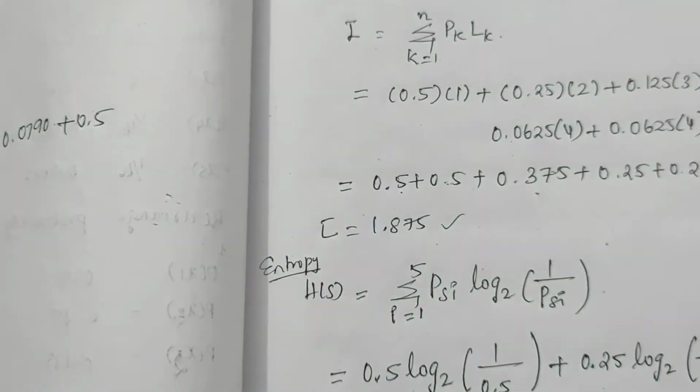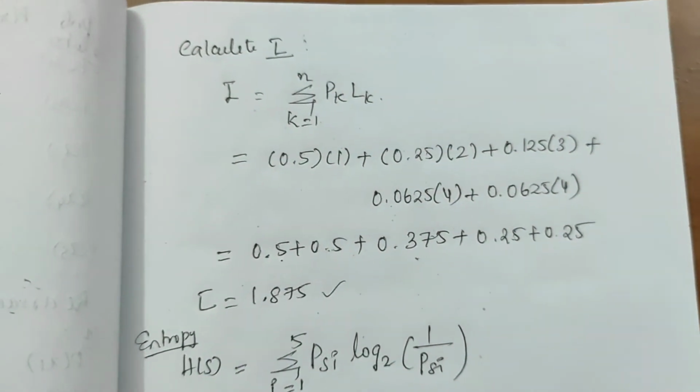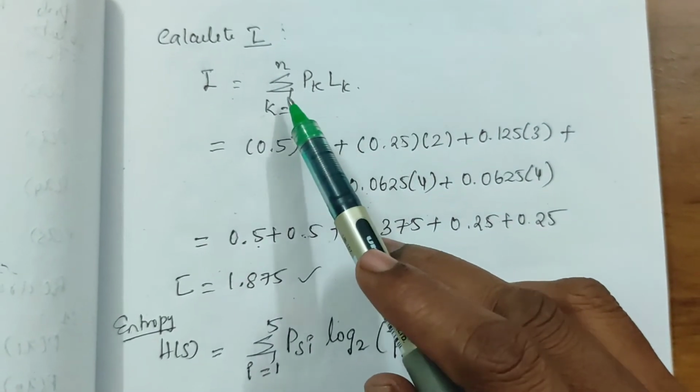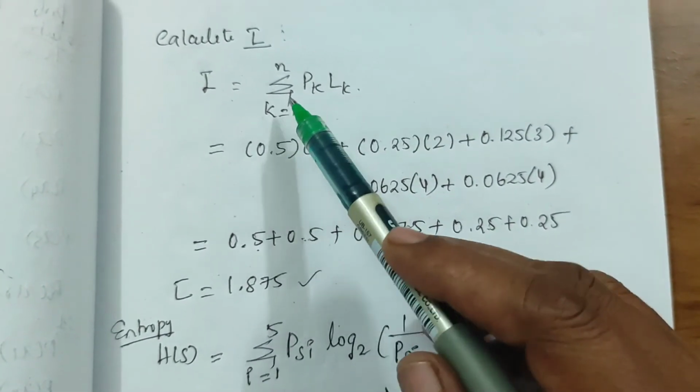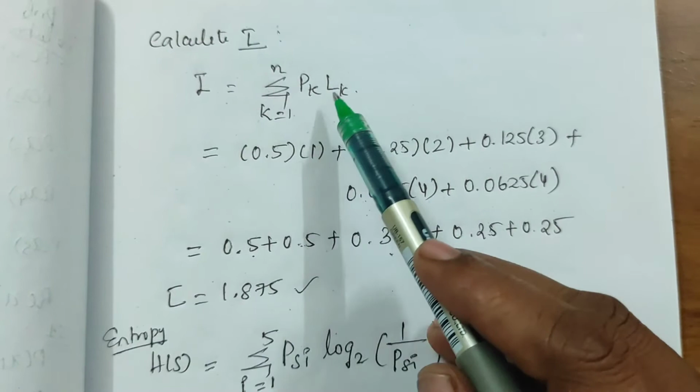The first step is to identify your L bar. L bar is the summation of k ranging from 1 to n of pk into lk.